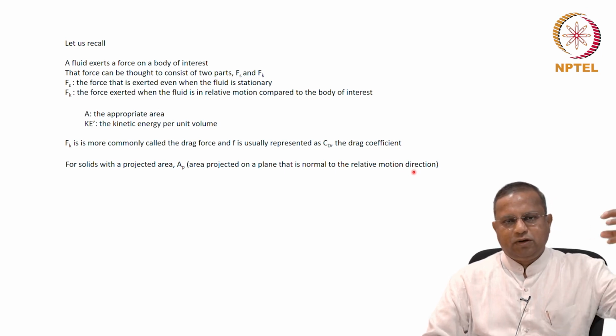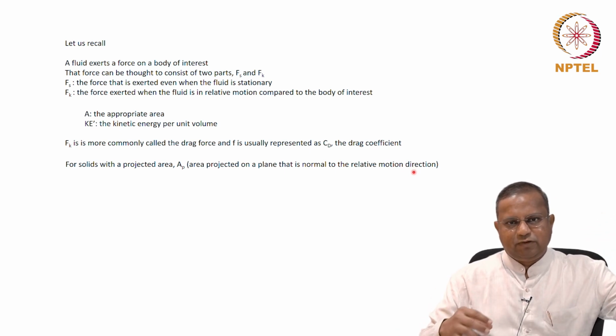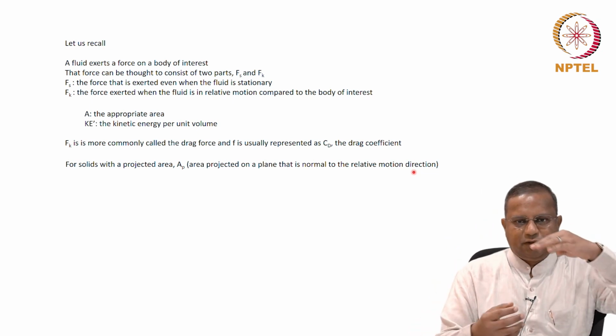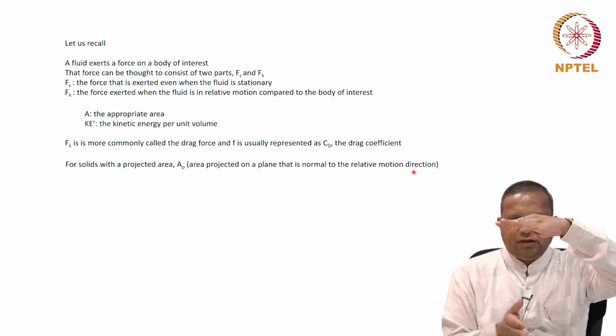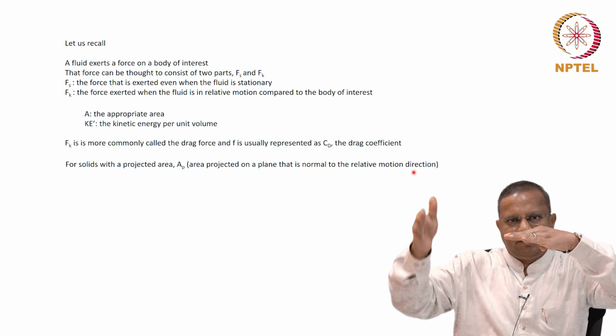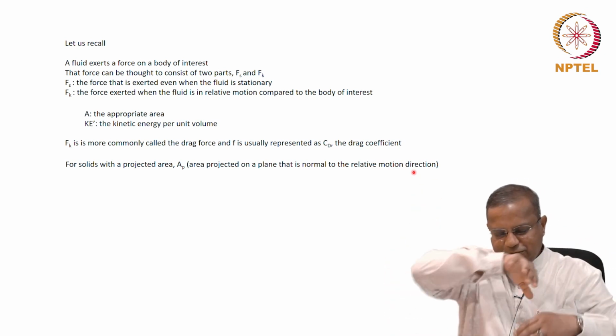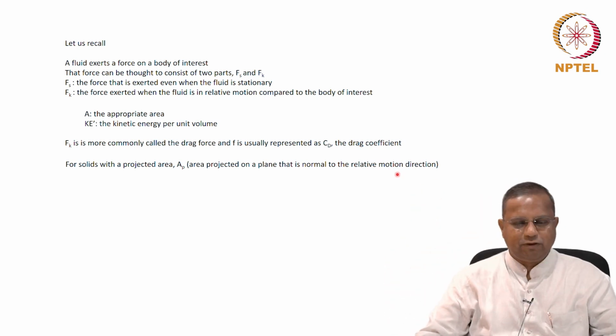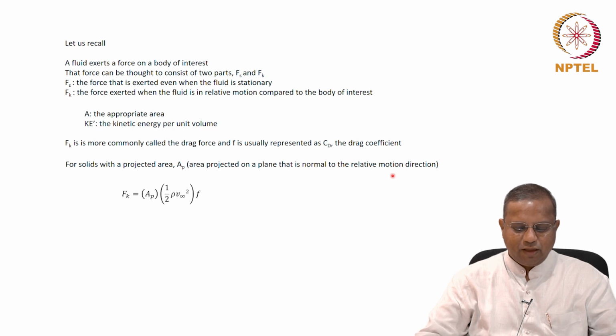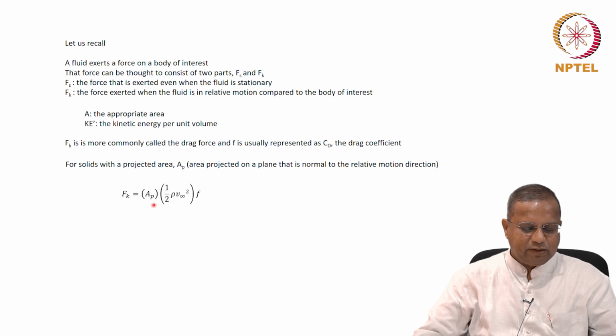So let me revise that here. If the relative motion direction is this way, then this is the plane that is normal to the direction of motion. That's perfectly fine. So Fk is nothing but the area times half rho V infinity squared times the friction factor. So this is the friction factor for this situation.